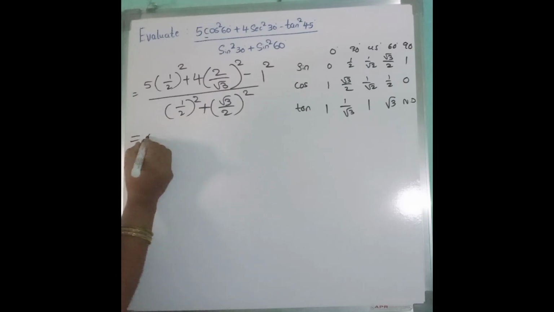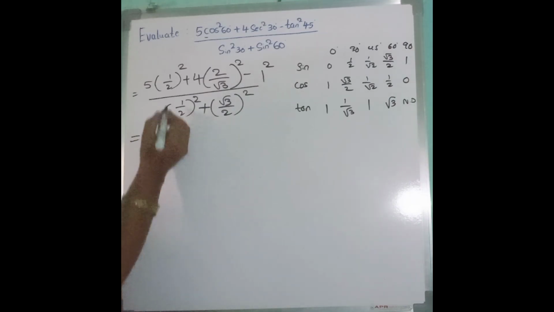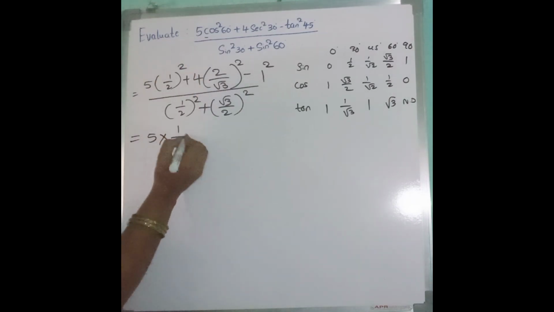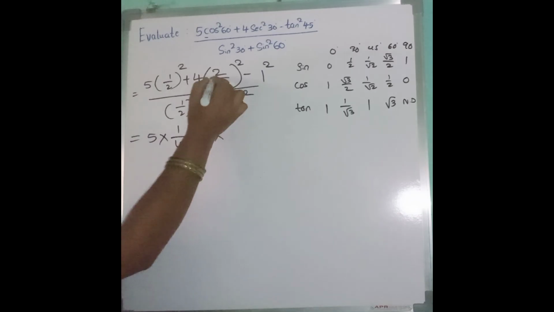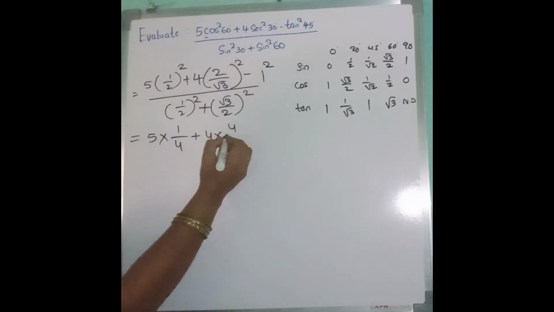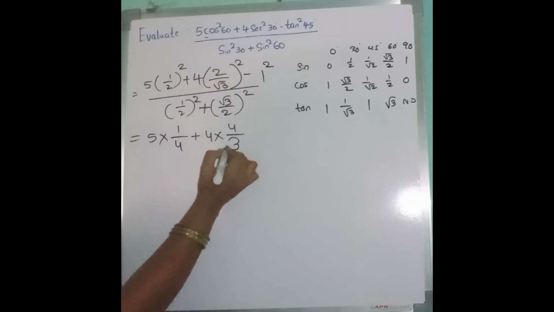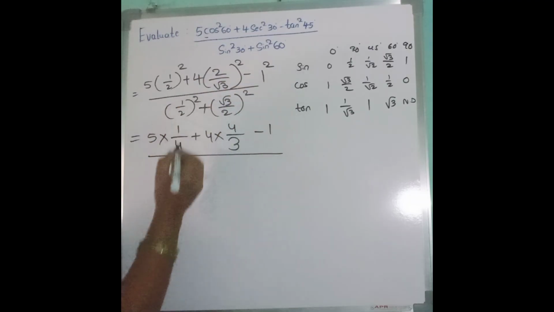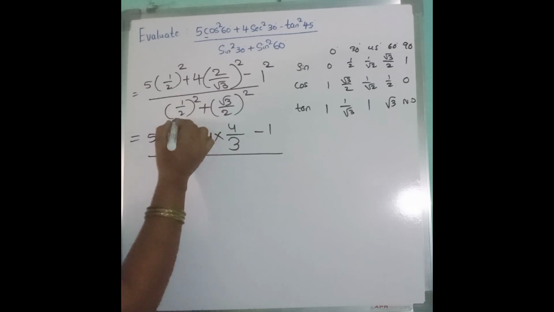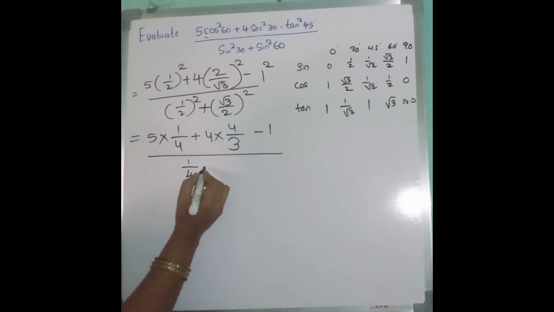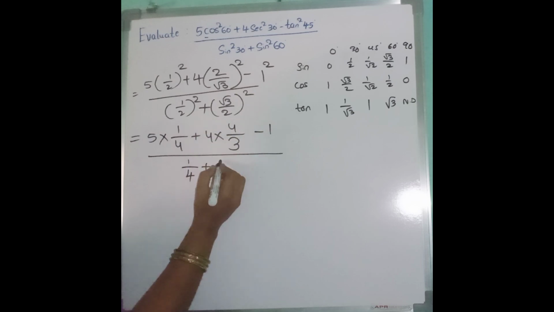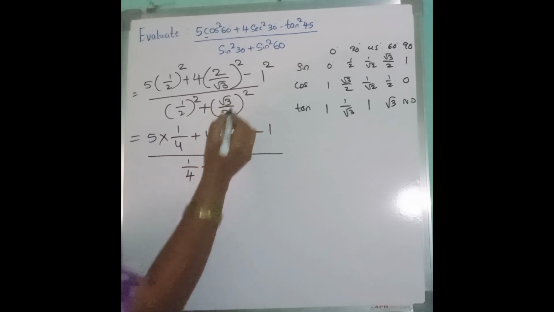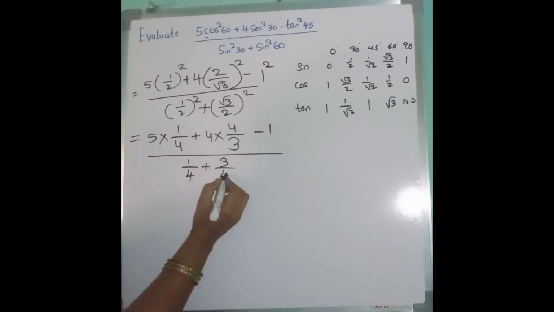It is equal to 5 into 1 square is 1, divided by 2 square is 4, plus 4 into 2 square is 4 divided by root 3 whole square is 3, minus 1 square is 1, divided by 1 divided by 1 square is 1, divided by 2 square is 4, plus root 3 whole square, which is 3 divided by 2 square is 4.